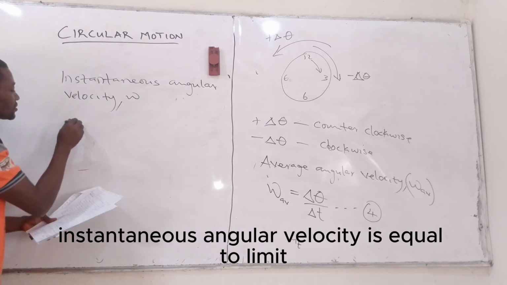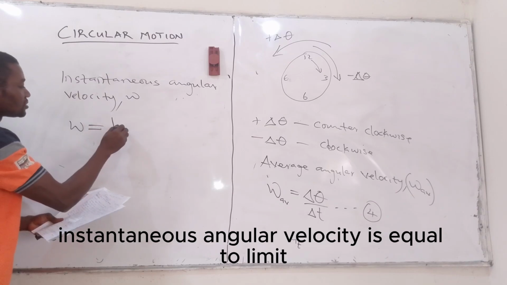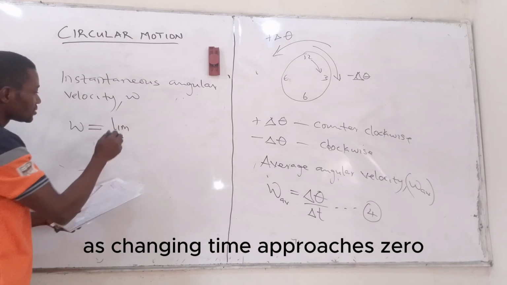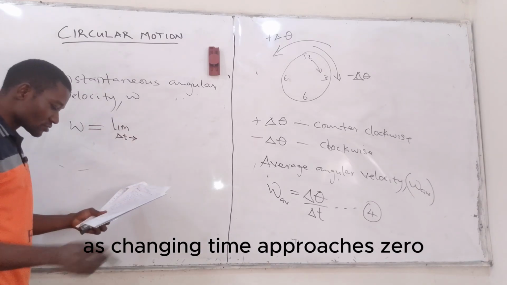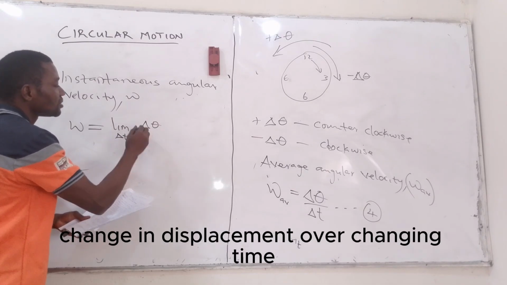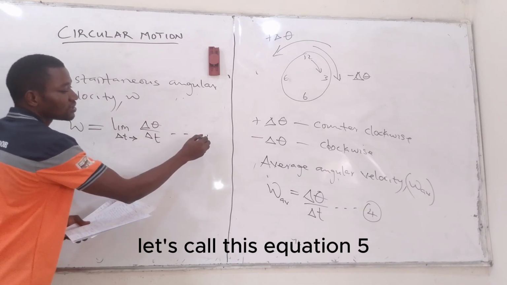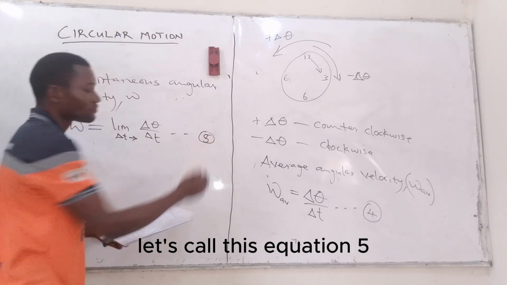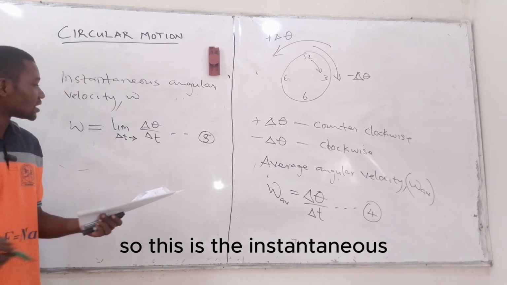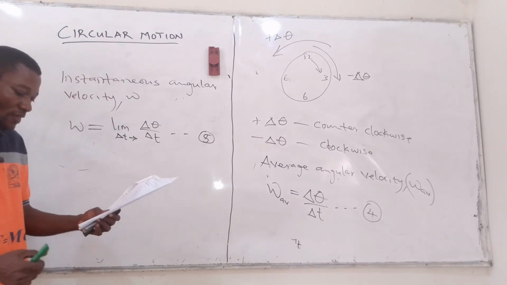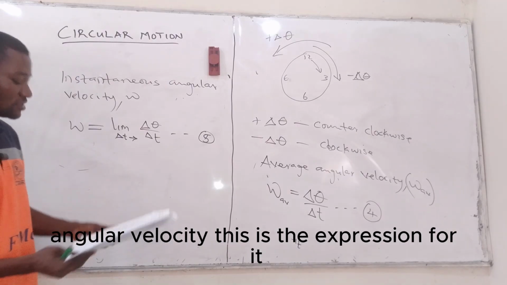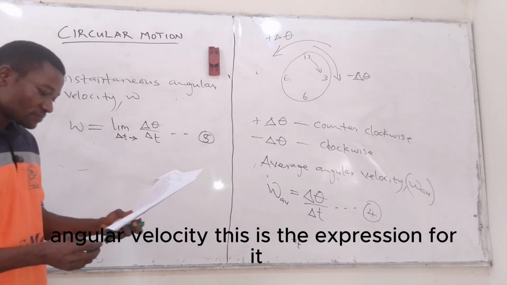Instantaneous angular velocity is equal to the limit as change in time approaches 0 of change in displacement over change in time. Let's call this equation 5. So this is the instantaneous angular velocity. This is the expression for it.